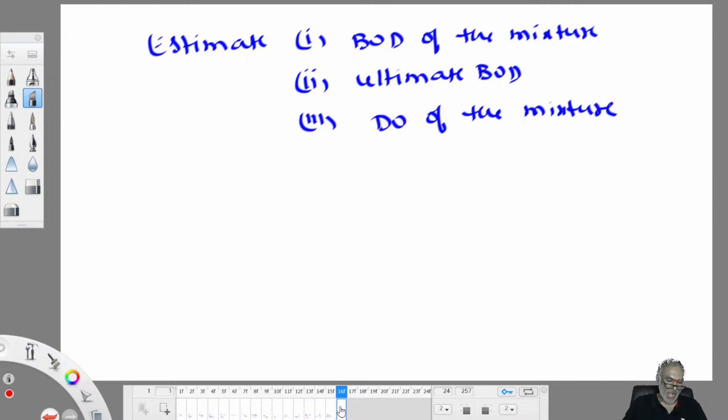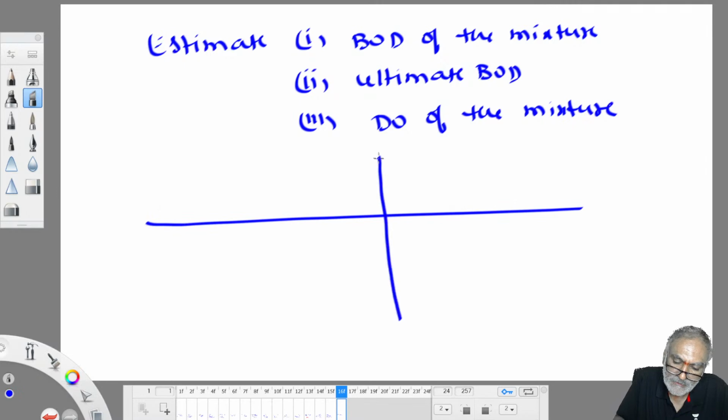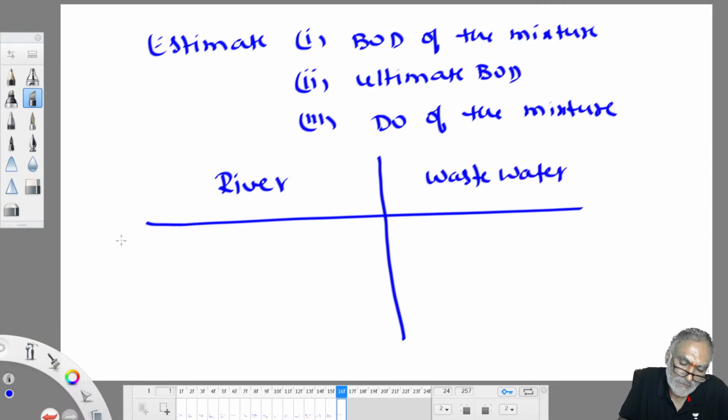Come on, work it out. The first part is easy. What is the first part? BOD of the mixture. He has given two things, river and wastewater. Q river is given as 40,000 meter cube per day.